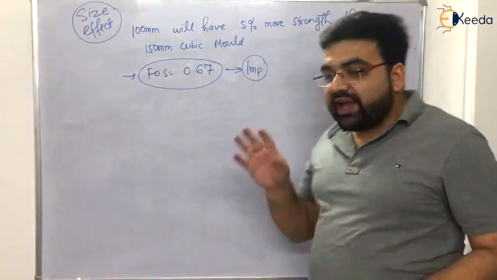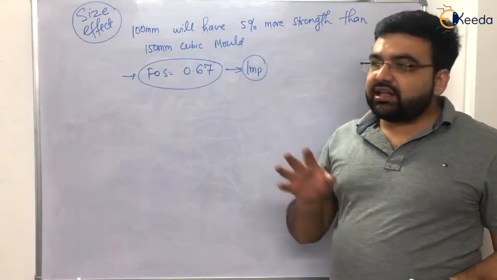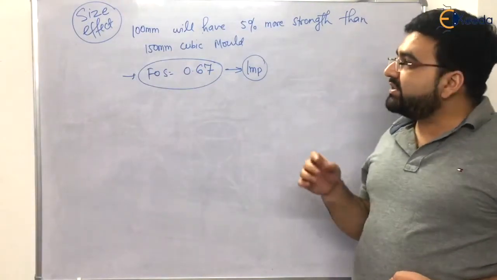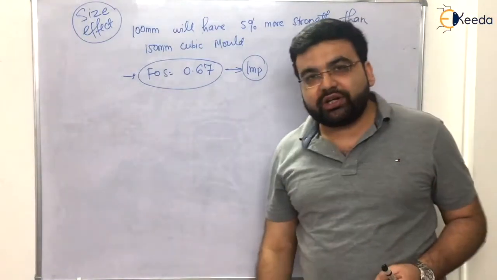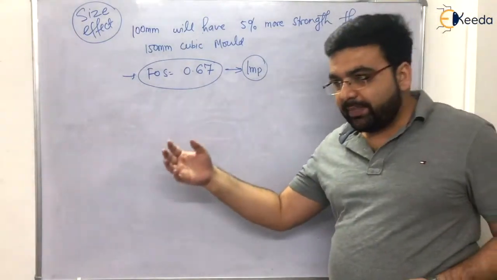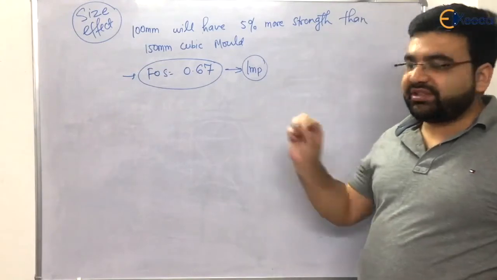Now, what we have been doing in our classes in our college also, we were testing cubic samples of 150 into 150 into 150 for cement concrete, right? For mortar it is different. It is 70.6, right?